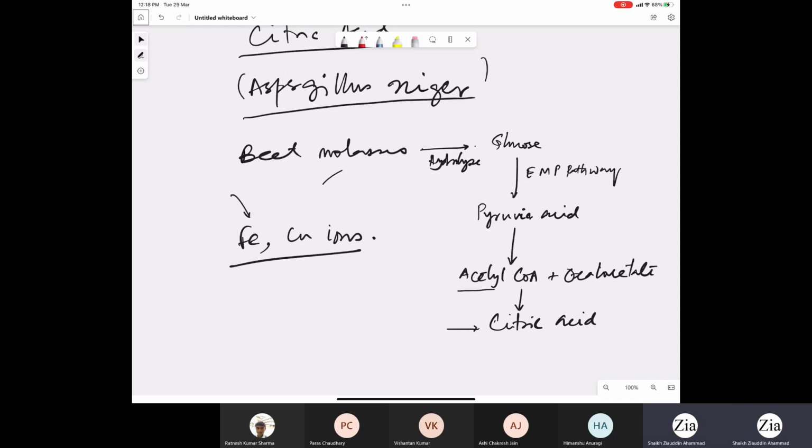So if you have iron as well as copper, as they are quite important as a component of these enzymes for degradation of citric acid to aconitate or isocitrate, then to avoid the degradation, you need to make sure that the system has very low copper or low iron concentration.